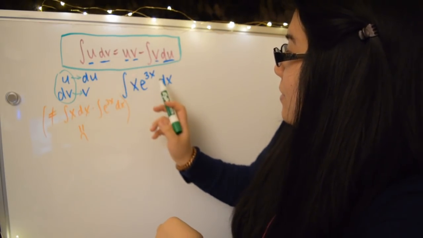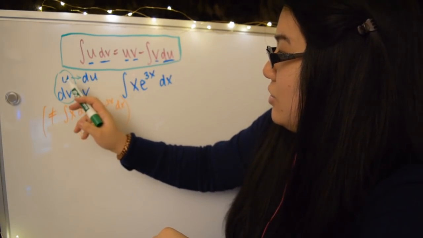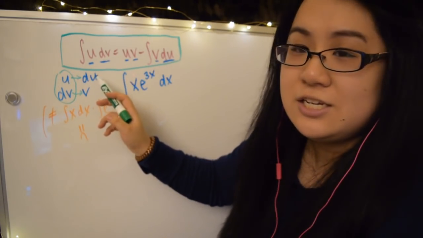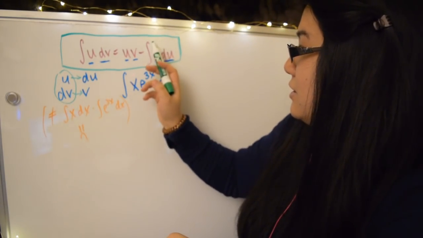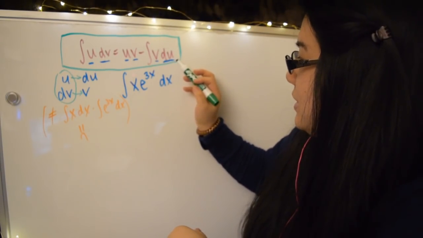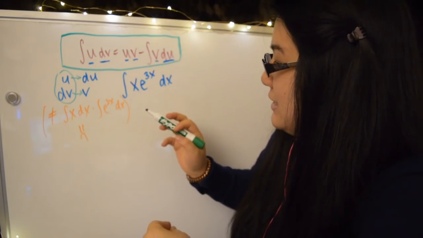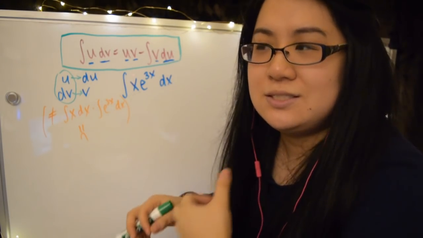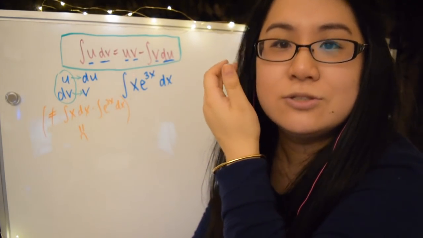So if I think about it here, my u, I'm going to be getting a du, the derivative, in this integral part. So my goal will be to find a u that makes things easier once I take the derivative.